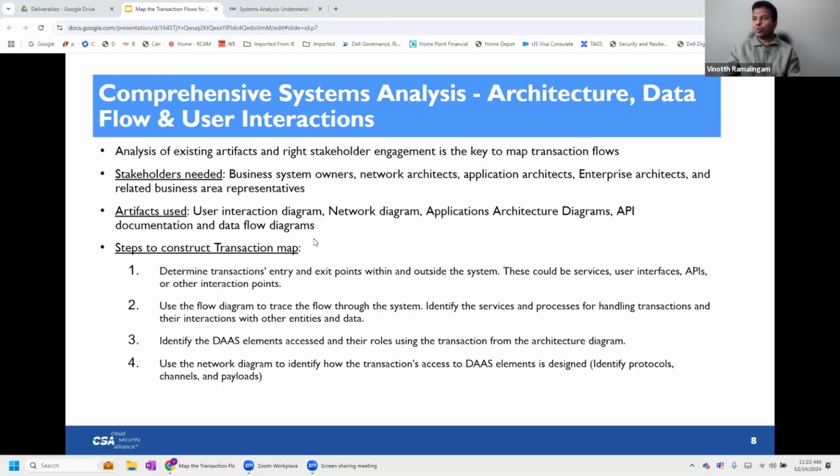Leverage these documents, do a proper thorough analysis, and then in partnership with stakeholders, define the transaction entry and exit points, which could be with services, user interactions, or APIs, and then use that understanding to derive the flow.